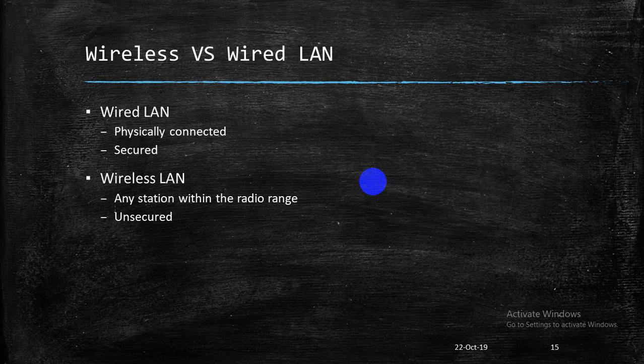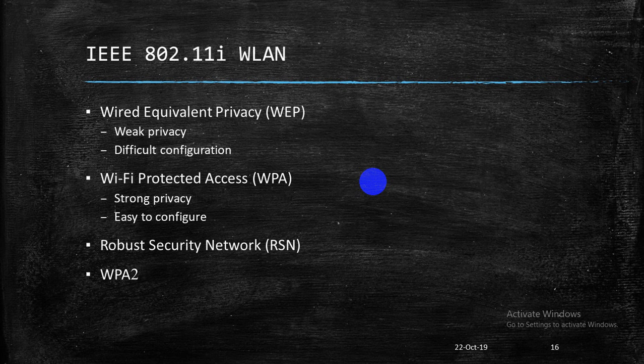But in wireless, the range from one station to another station is limited, and any station can connect with another station without a wired connection.